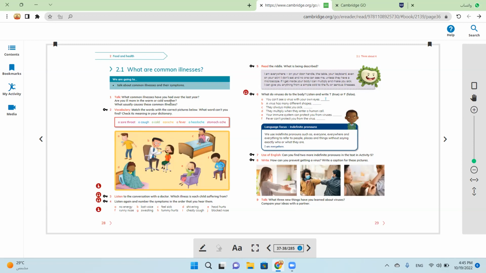And our question is, what common illness have you had over the last year? We had a list that we talked about now. So which one have you suffered from the last year? A cough is very common, a cold, a fever, stomach ache.